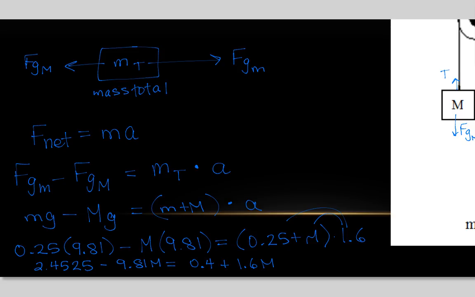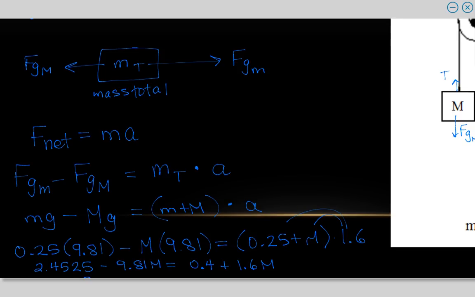So put all the m's on one side and put the numbers on the other. Okay, so I've run out of space, so I'm going to do it up here. 2.4525 minus 0.4 equals 1.6 m plus 9.81 m.